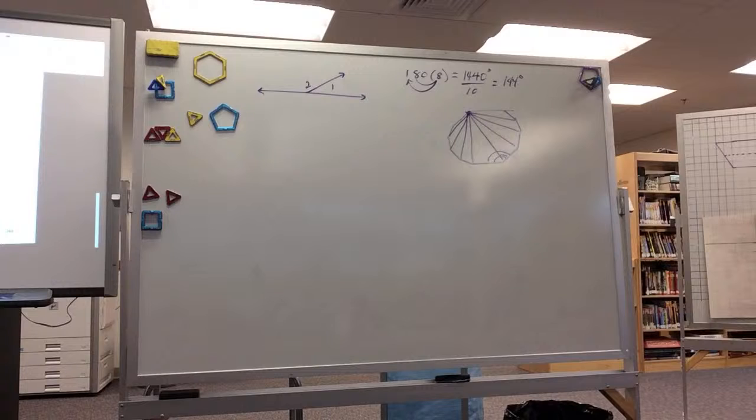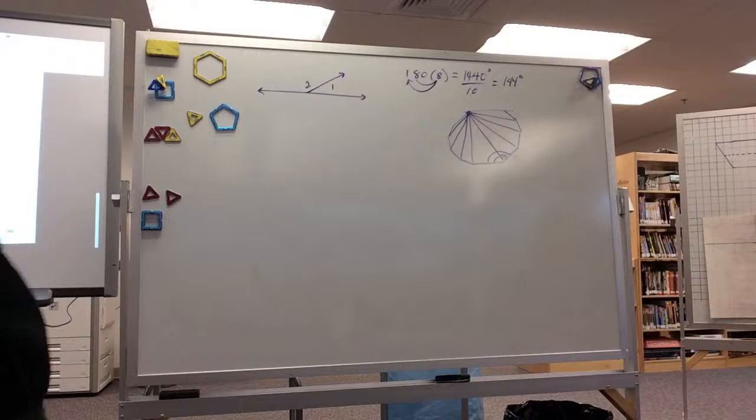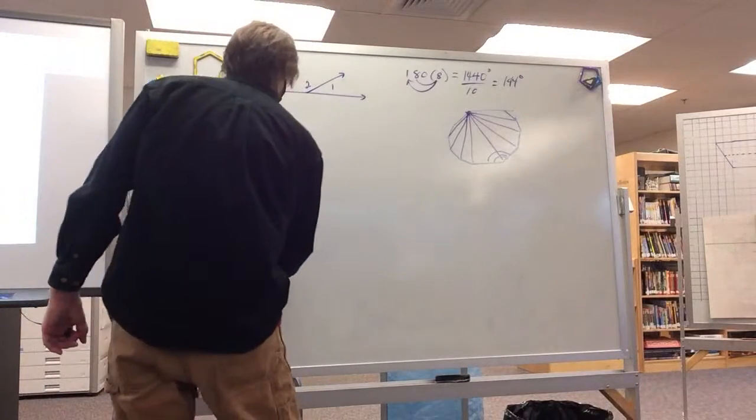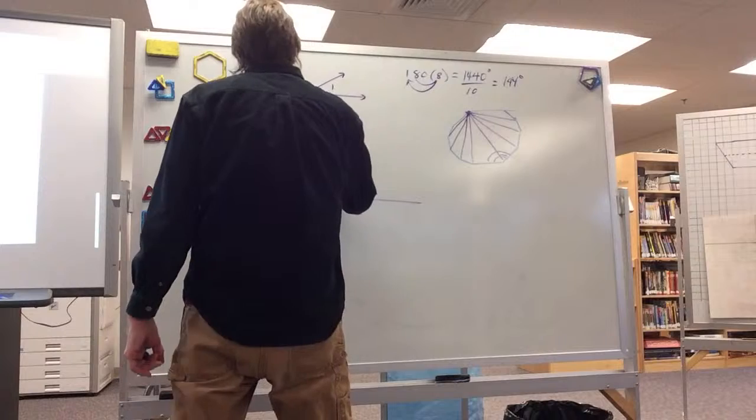So for 13, what are you going to say, Hayden? They're a linear pair. But there's 3 of them. So for question 13, I'm going to draw this up here, a little bit bigger so that we can see it.